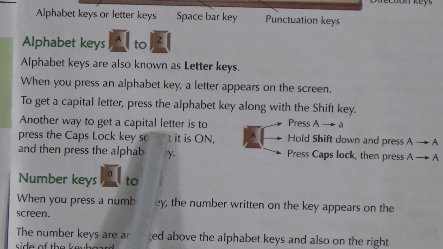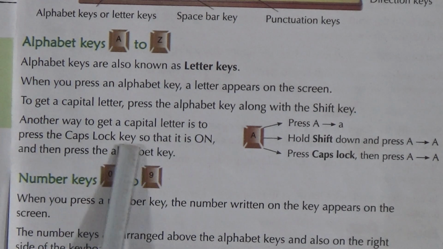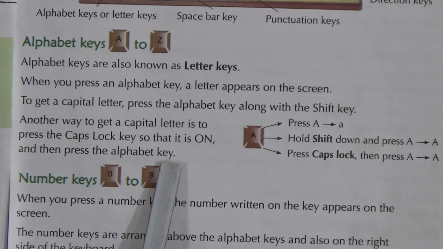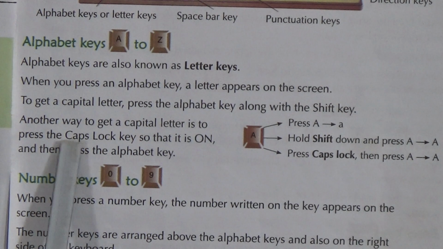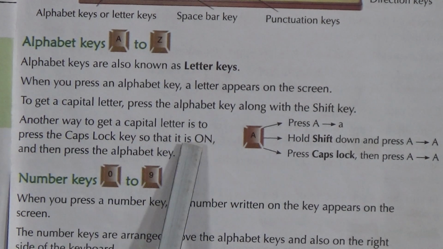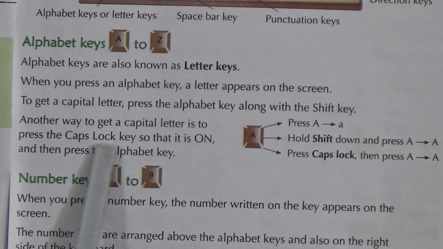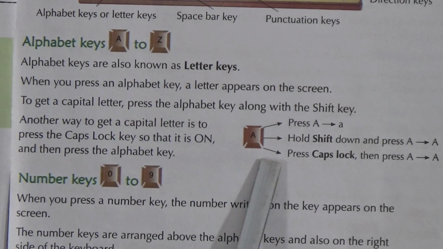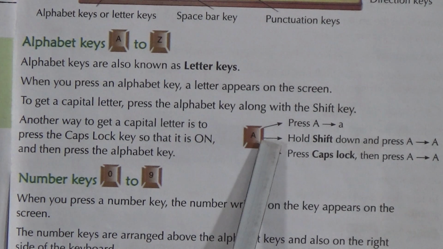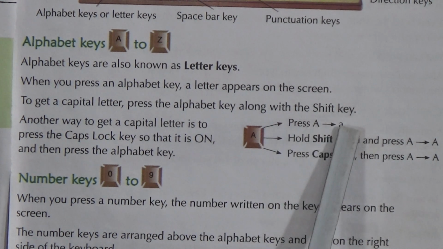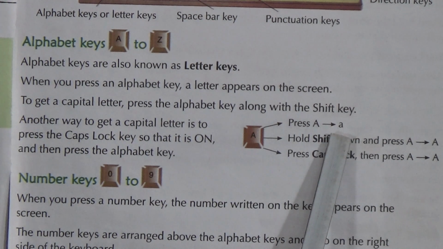Another way to get a capital letter is to press the caps lock key so that it is on, and then press the alphabet key. Let's look here. If you simply press the button A, you'll get the small letter a.